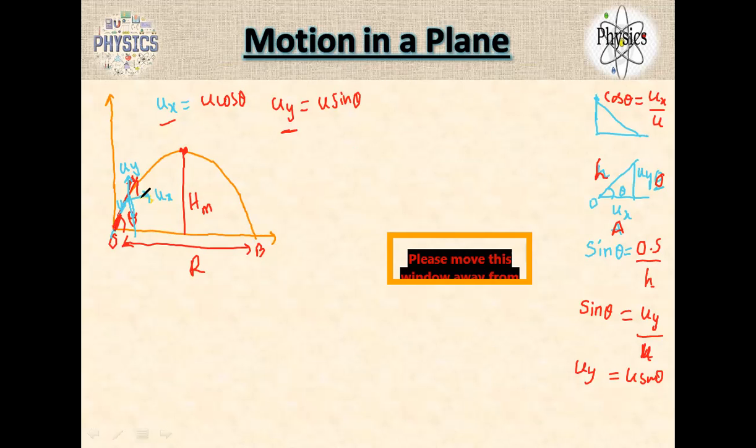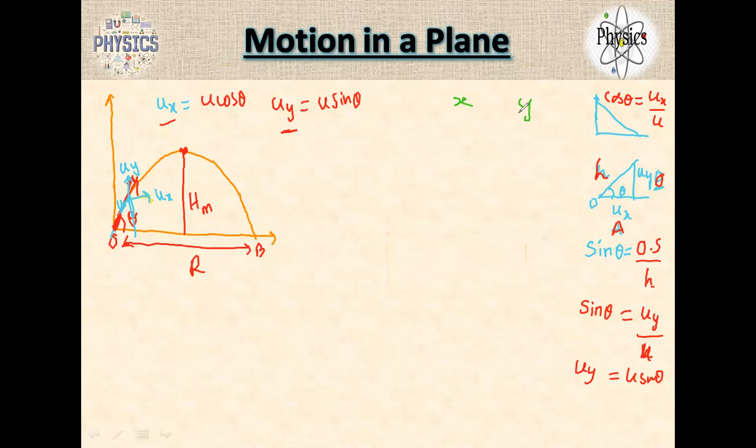So the two things you have to remember, guys: I want to find displacement in the x direction and in the y direction. The object is going in two directions, right? One is the x direction, the other is the y direction. Horizontal distance we call x, y direction is vertical distance.